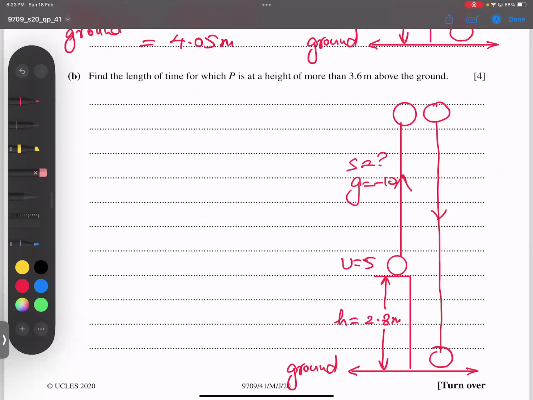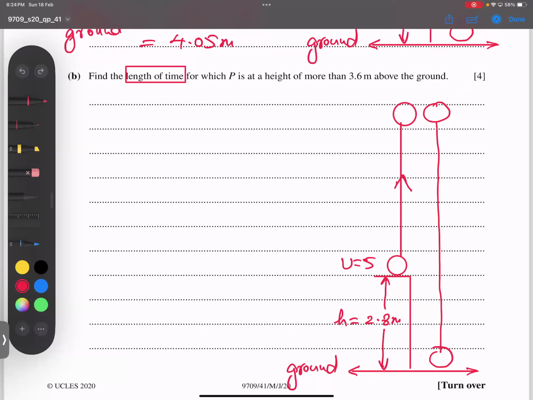The condition is a little changed now according to the question. He's saying find the length of time. He's not asking for time, but length of time. The length of time is my target, for which P's height is more than 3.6 meters above the ground. Two things are important: length of time and more than 3.6 above the ground.